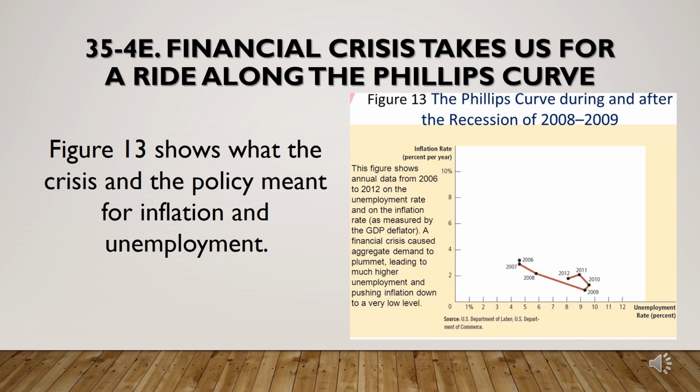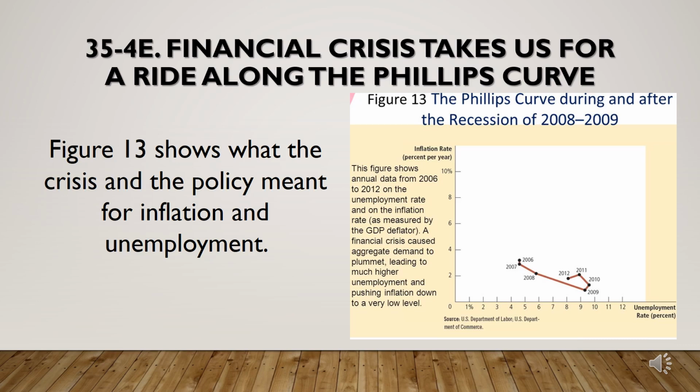From 2007 to 2010, the decline in aggregate demand raised unemployment from below 5% to 10%, while also reducing the inflation rate from about 3% to about 1%. In a sense, the economy rode down the short-run Phillips curve.